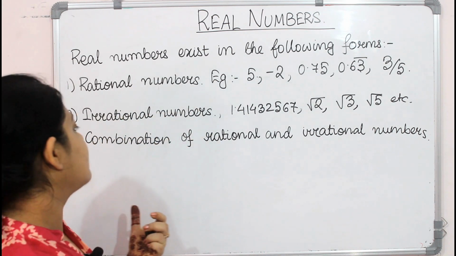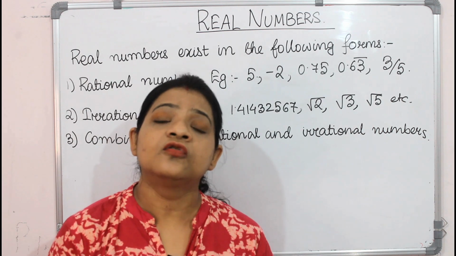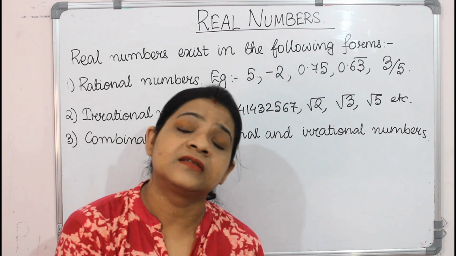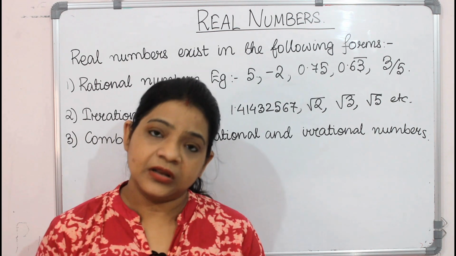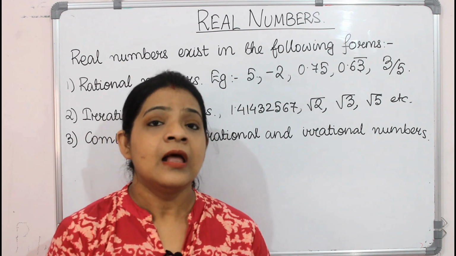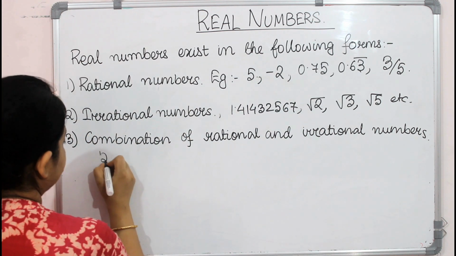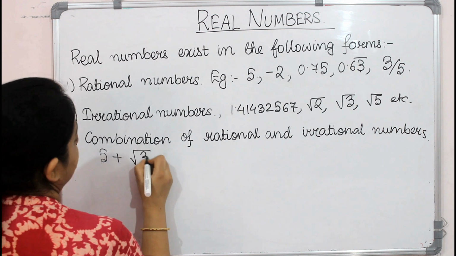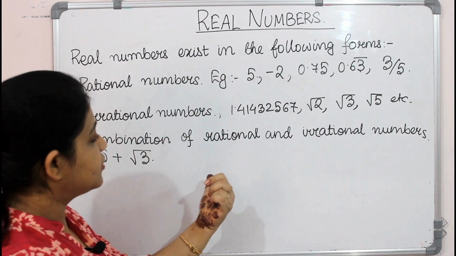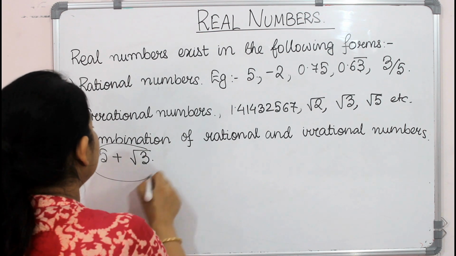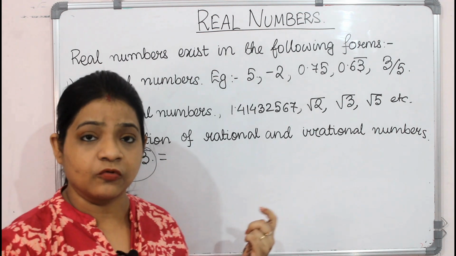The third example is a combination of rational and irrational numbers. Real numbers may exist as a combination of rational as well as irrational numbers. For example, 5 plus root 3. 5 is a rational number, root 3 is an irrational number, so this will give you an irrational number, of course.